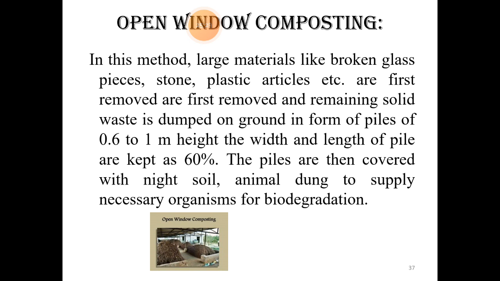So here the waste is just dumped and piled, over which a layer of soil and animal dung is utilized as a cover. In this method also, microbial degradation of organic waste takes place with alternative aerobic and anaerobic conditions.